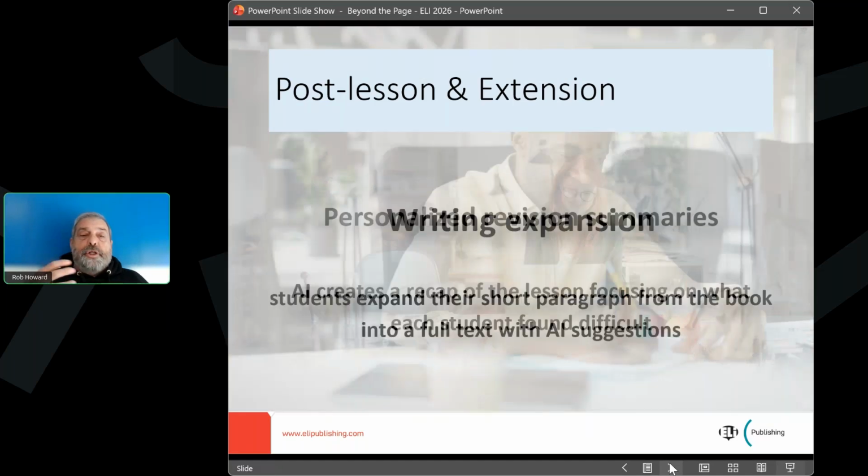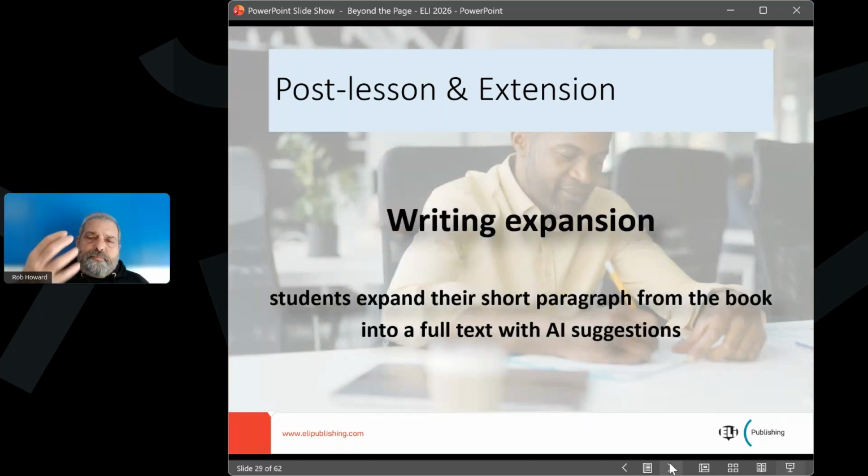Writing expansion. Now, have them take the short article, let's say from the course book. There's always nice articles for reading and comprehension. And what they can do is make a bigger text based on AI suggestions.